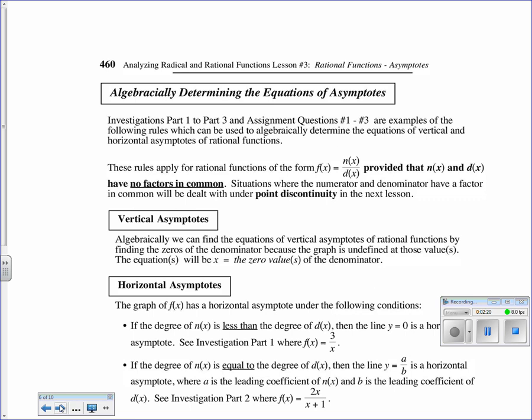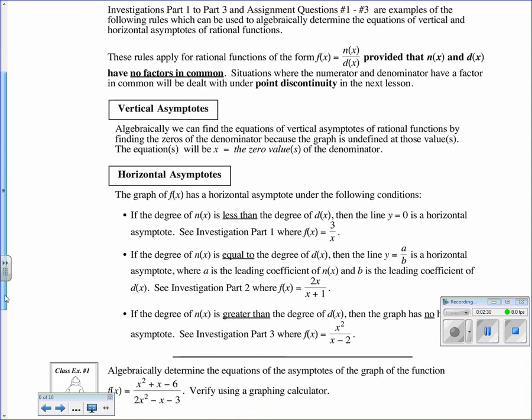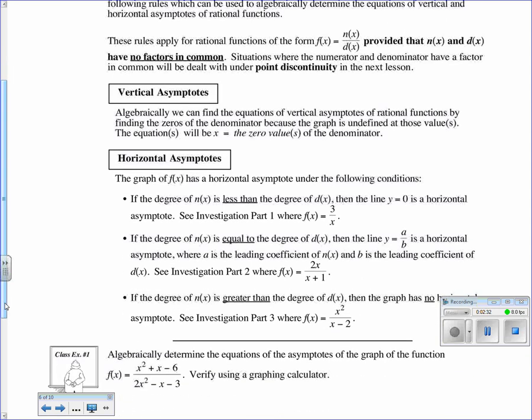So we want to take a look at rational and radical functions, looking for vertical asymptotes. Algebraically, you can find vertical asymptotes of rational functions by finding the zeros of the denominator, because the graph is undefined at those values. The equation will be x equals the zero values of the denominator. So vertical asymptotes are an x equals statement.